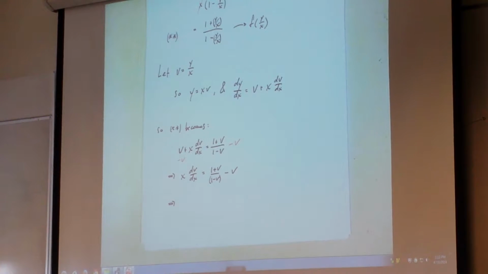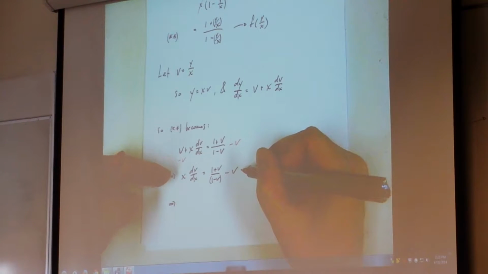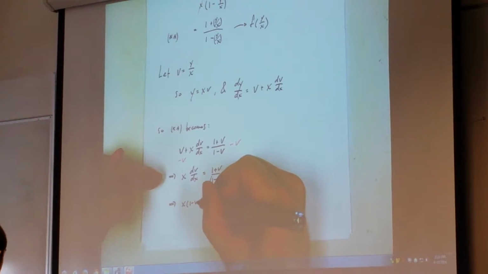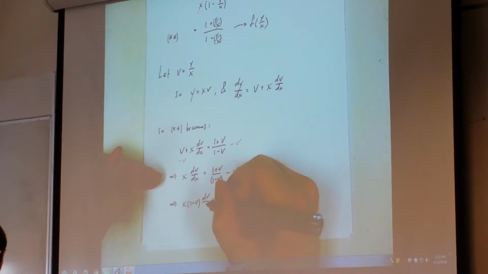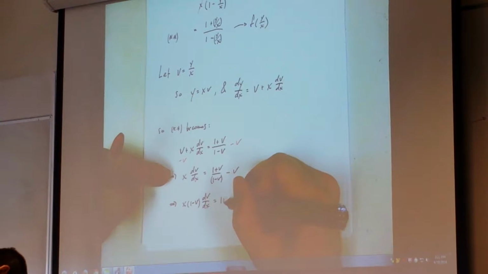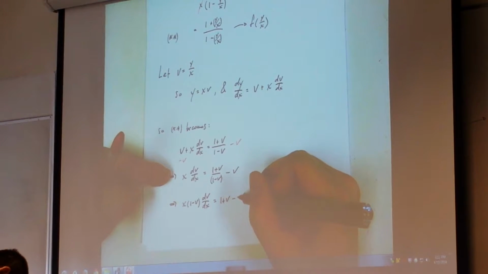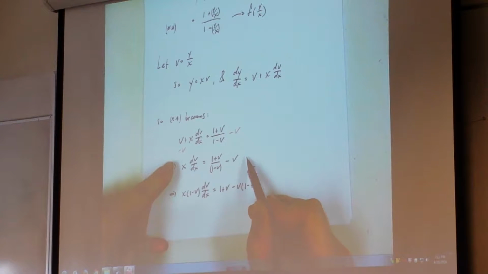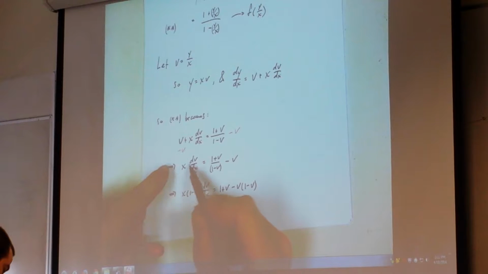Okay, so imagine multiplying the whole thing by 1 minus v. We're going to have x times 1 minus v dv dx equals, we'll cancel out here, 1 plus v minus v times 1 minus v. So I just multiplied both sides by 1 minus v. It hit here, canceled out there, and got 1 over that side.